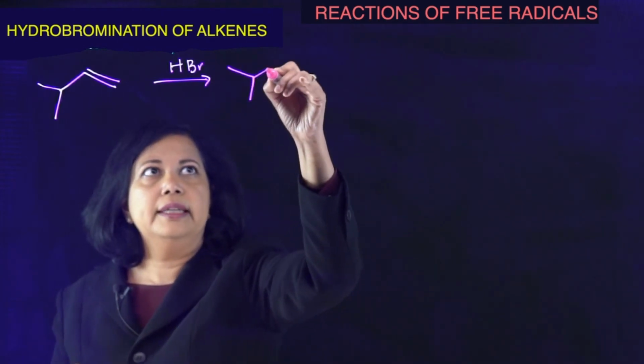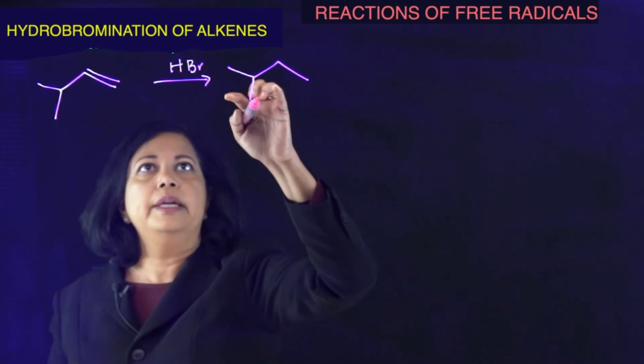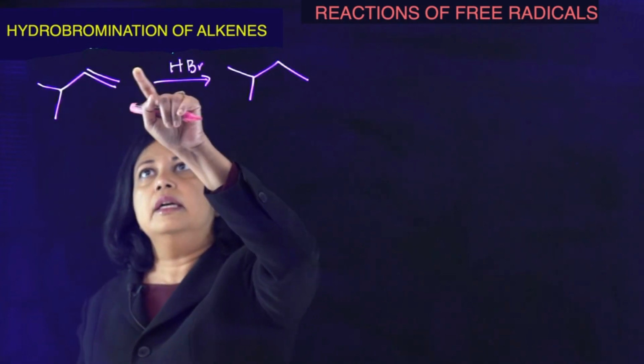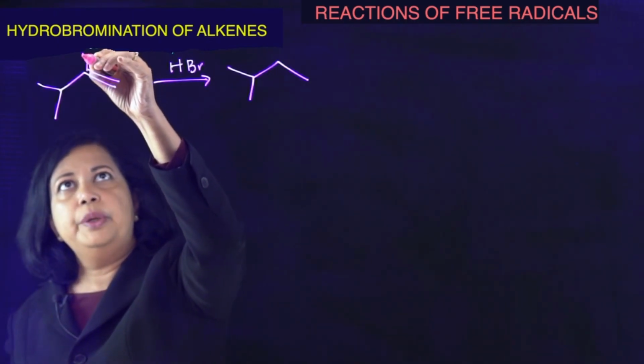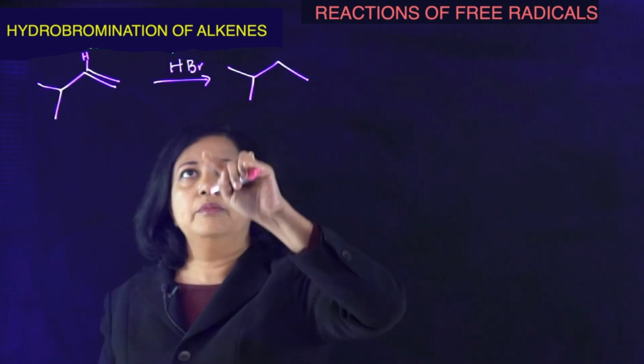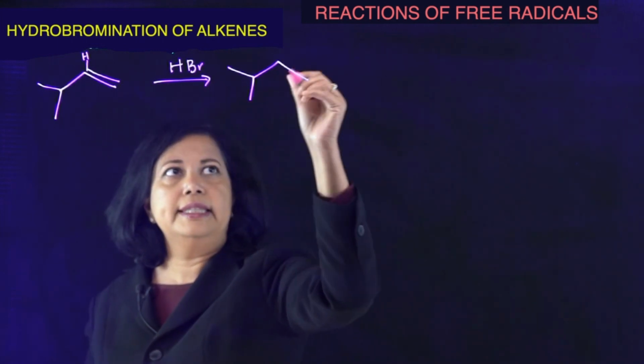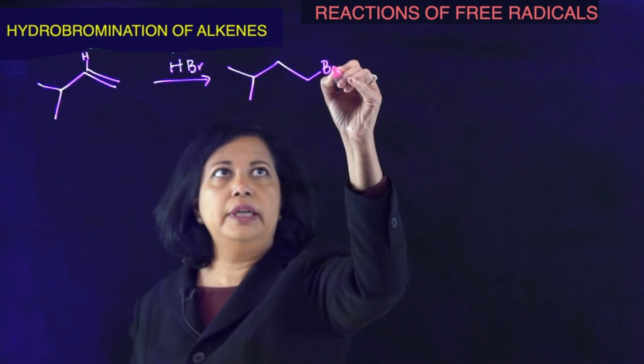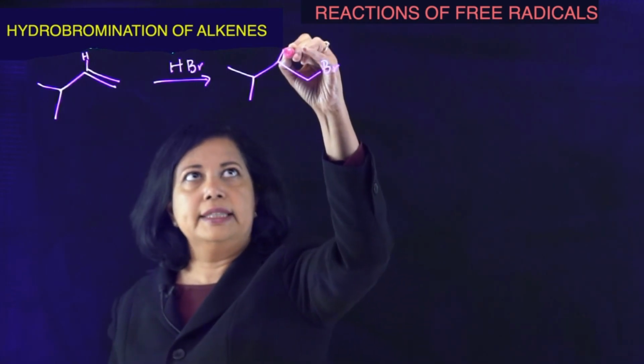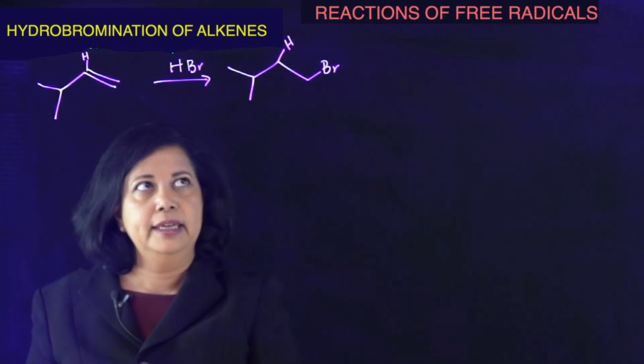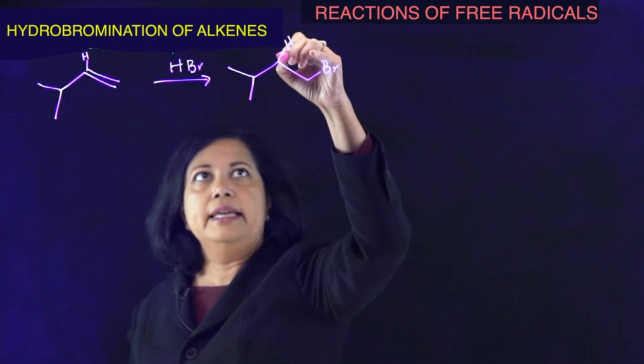We are going to put the hydrogen on the carbon that has fewer hydrogens, and the bromine on the carbon that's less substituted. You already know what type of reaction that is, right? Anti-Markovnikov.